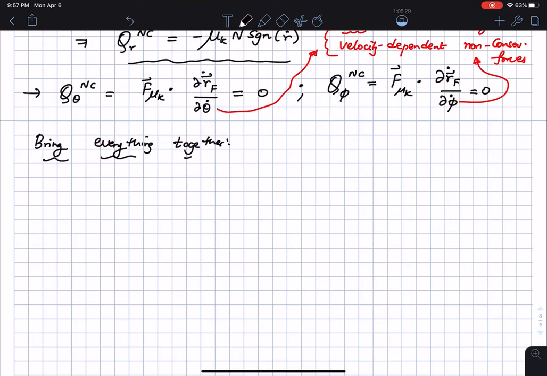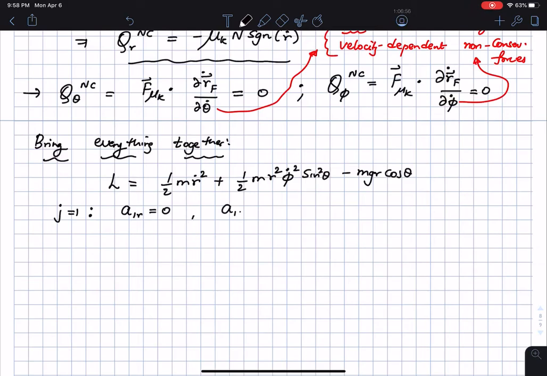Okay, I have the Lagrangian L is half m r dot square plus half m r square phi dot square sine square theta minus mgr cos theta. That's one thing. Then for j is equal to 1, I have a1r is 0, a1 theta is 1, a1 phi is 0.